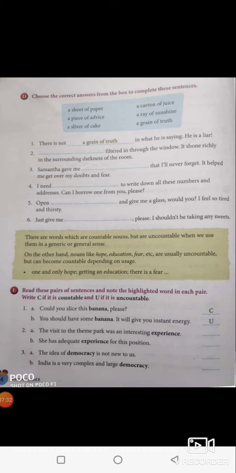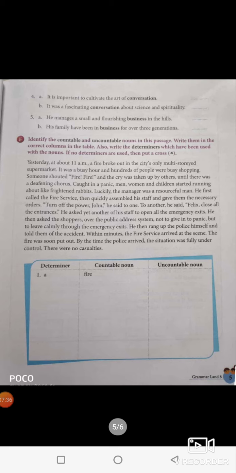Here large democracy becomes uncountable. And the fourth one, it is important to cultivate the art of conversation. So the art of conversation becomes uncountable. It was a fascinating conversation, so it becomes countable.